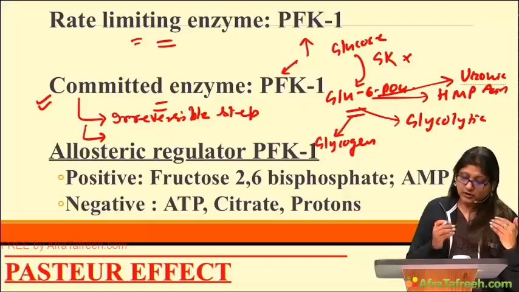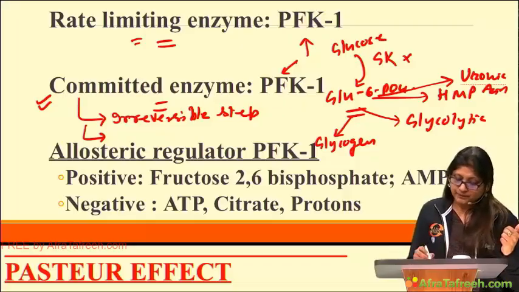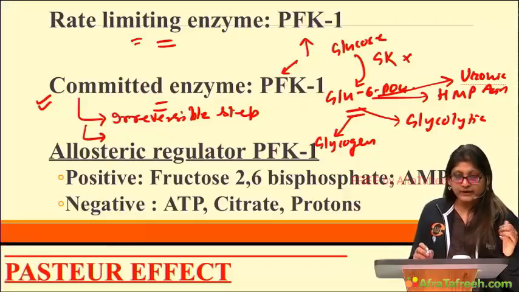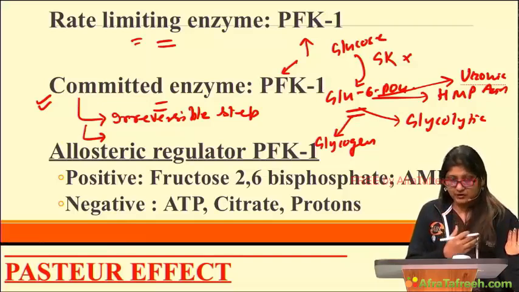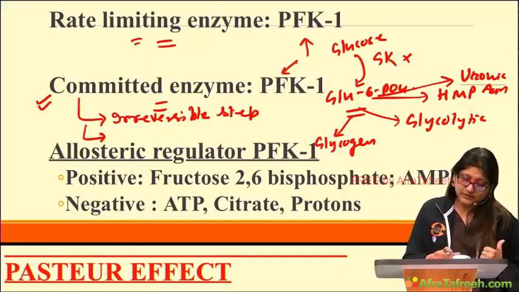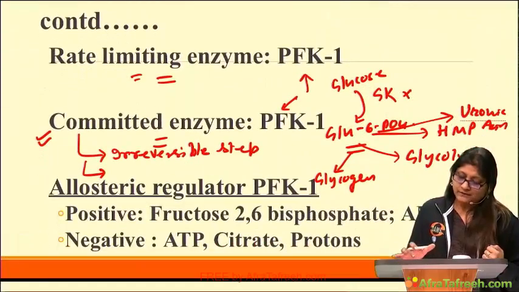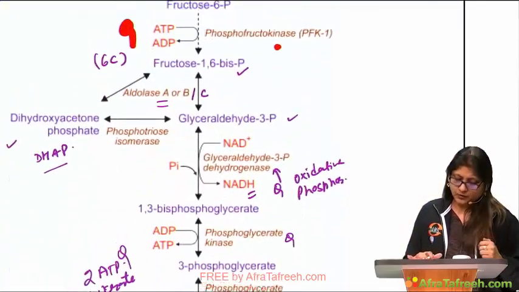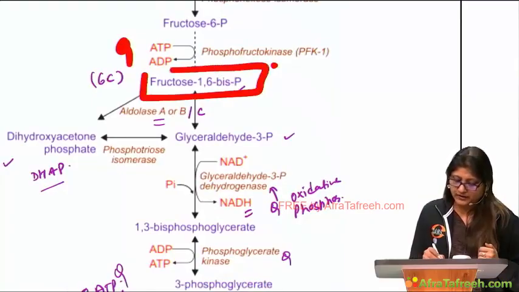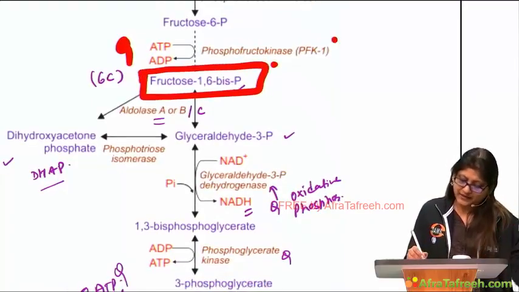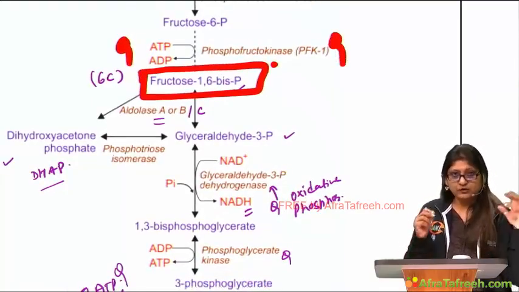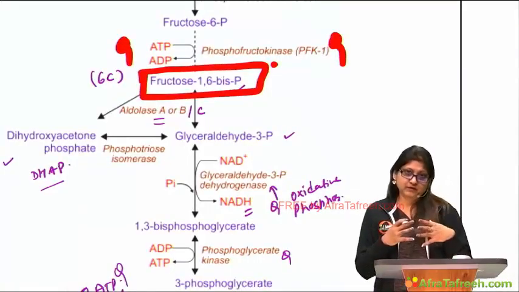But when we talk about PFK1, PFK1 is converting what? Converting fructose 6-phosphate to fructose 1,6-bisphosphate, right? You must remember this. In glycolysis, this fructose 1,6-bisphosphate is getting utilized only in glycolysis. There is no other taker of this fructose 1,6-bisphosphate, and hence PFK1 is fulfilling both aspects of being the committed step.